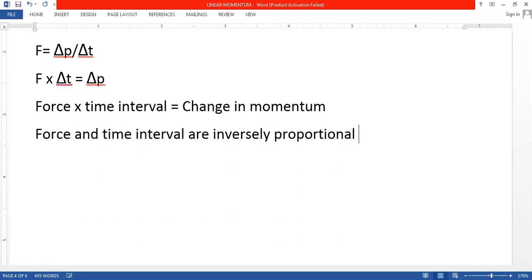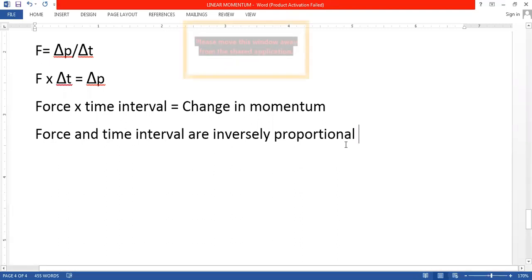Very good. More is the force, less is the time interval, or more is the time interval, less is the force required to bring the change in momentum. This is a very fundamental and very important relation.